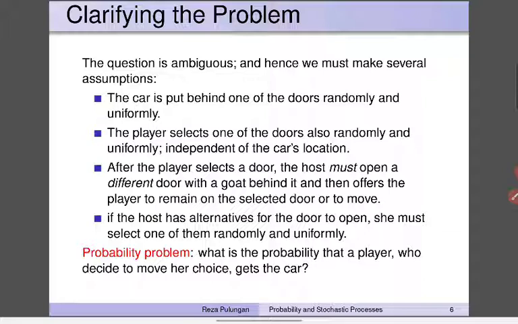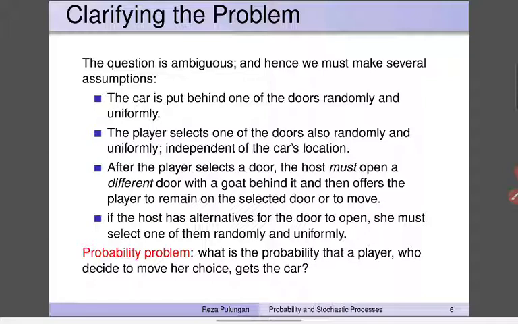Uniformly, on the other hand, means that if we have several choices, then the probability of selecting each of these choices must be the same, must be equal. So in this case, for example, because we have 3 doors, this means that the probability of selecting one of the doors must be equal to 1/3.